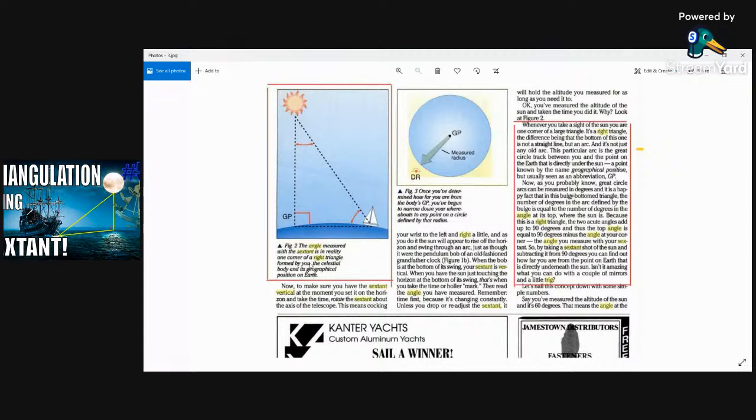So it's a right triangle formed by you, the celestial body, and its geographical position on Earth. A right triangle. Is a right triangle ever able to be put onto a curved surface? How are you going to put a right triangle? You can see there, they tried to put those two perpendicular lines, the red lines there, on the curved surface.